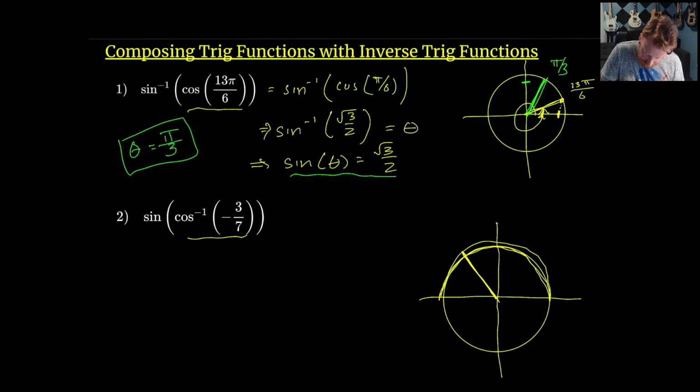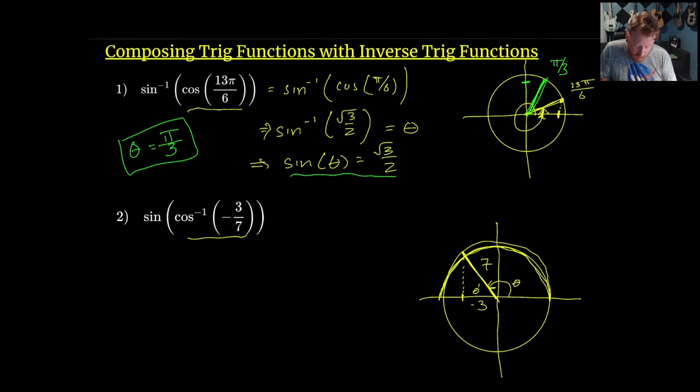So that'll tell me if I drop in a right triangle here, that this value will be -3, and I have a hypotenuse of 7. Since I'm looking at a cosine, I'm really looking at this angle, but I'm thinking about its reference angle here. So theta is the obtuse angle, its reference angle is theta prime there.